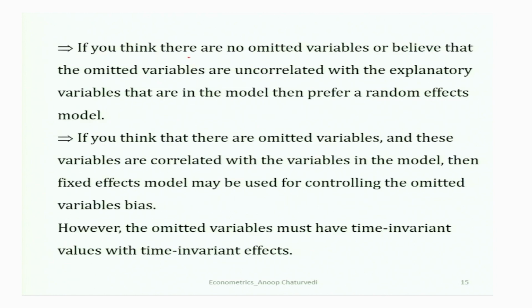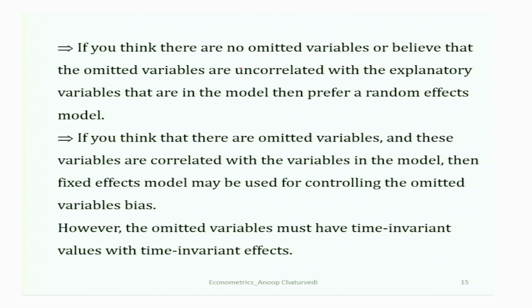Now, if you think there are no omitted variables, or believe that the omitted variables are uncorrelated with the explanatory variables that are in the model, then prefer a random effects model.